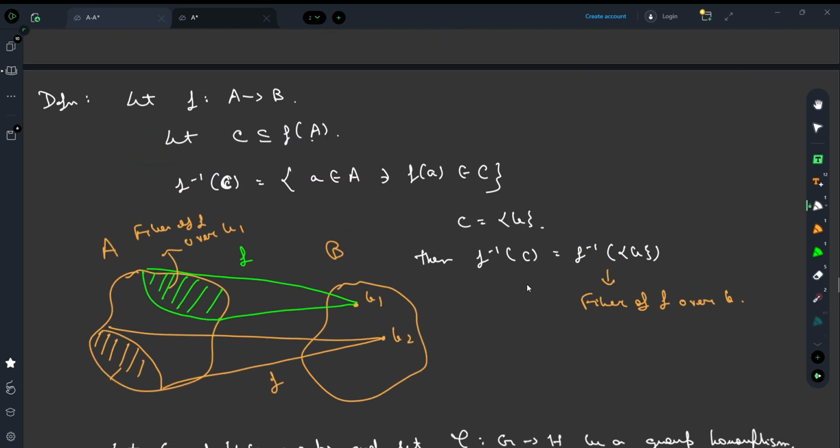Because in this case we have defined C to be a subset of f of A, but that is not quite necessary. I just said that here for some clarity. This is simply a subset of A. The elements of C might not be images of any element in A. In that case, the inverse image will be an empty set simply.